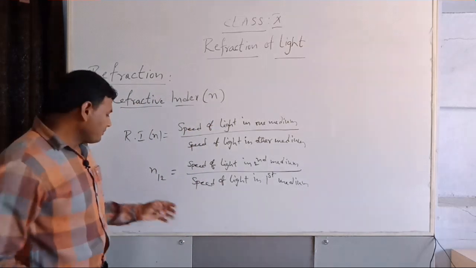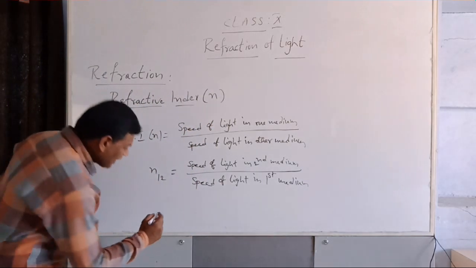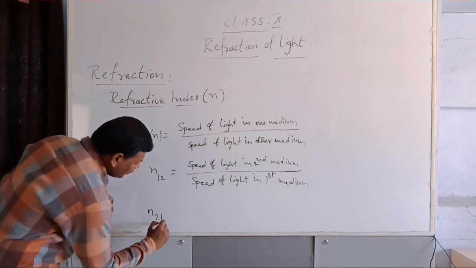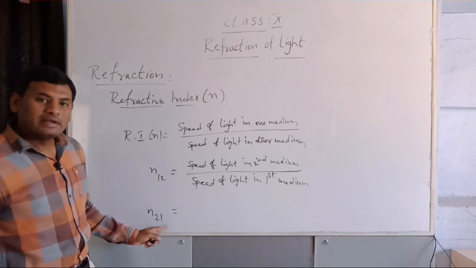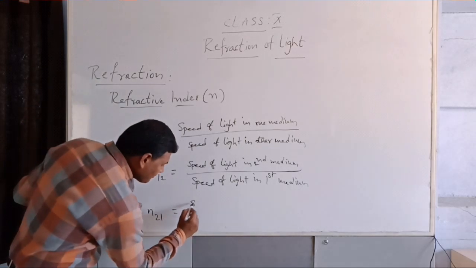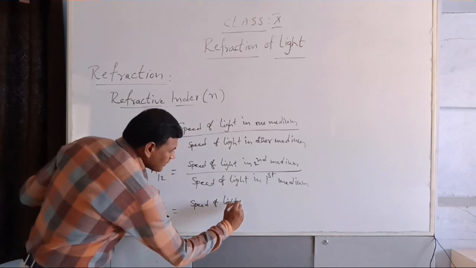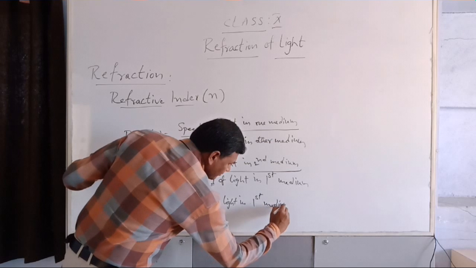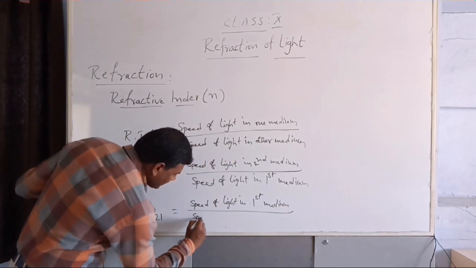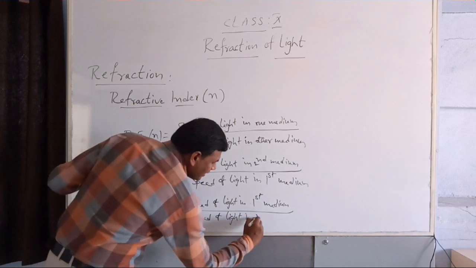In the same way, the refractive index of the second medium with respect to the first medium is N21. That can be calculated by using the formula: speed of light in the first medium by speed of light in the second medium.